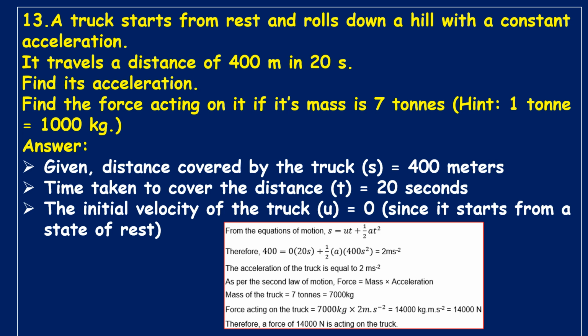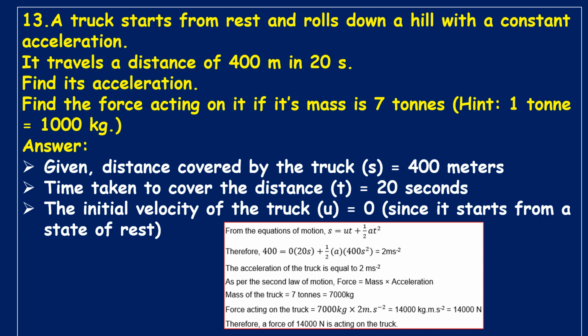So a total of 14,000 newtons of force should act on the truck to cover the distance of 400 meters here. Therefore, a force of 14,000 newtons is acting on the truck.